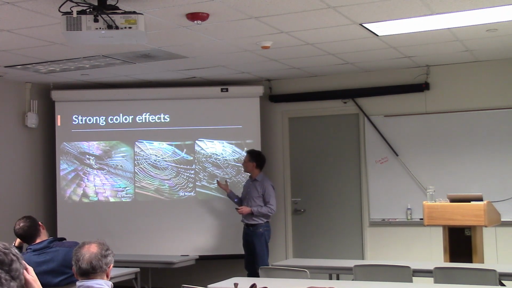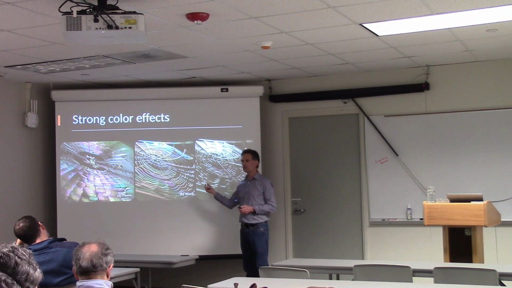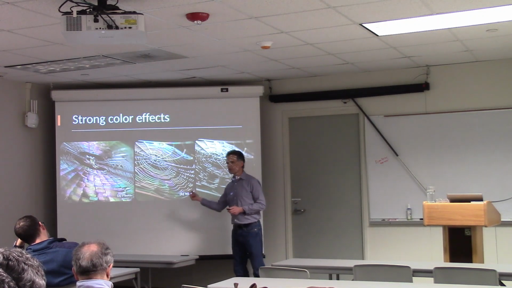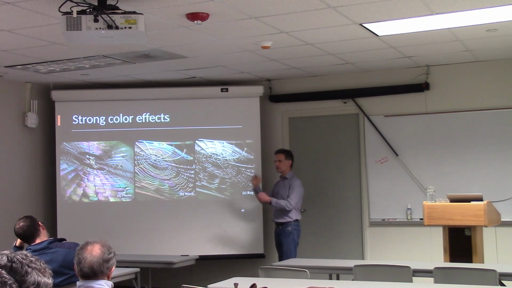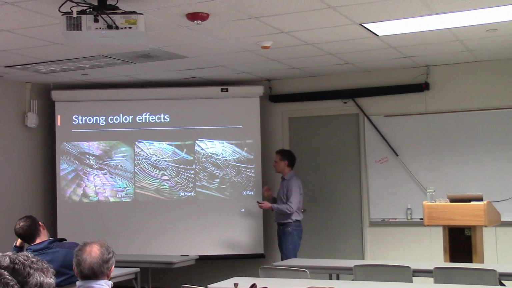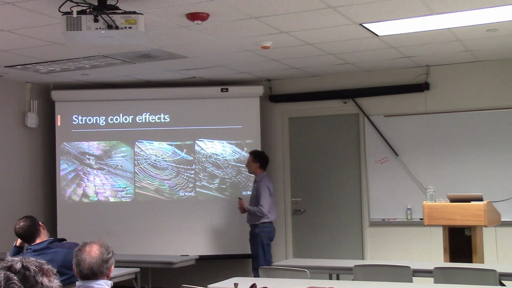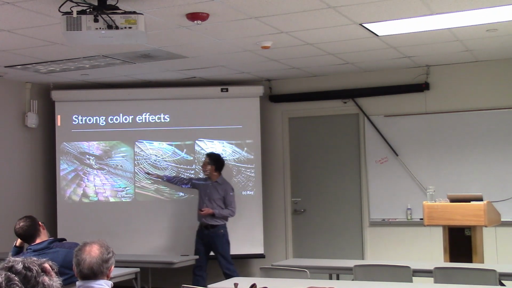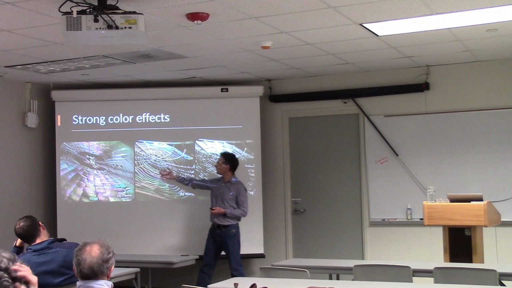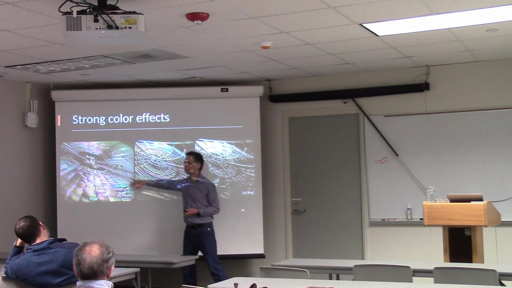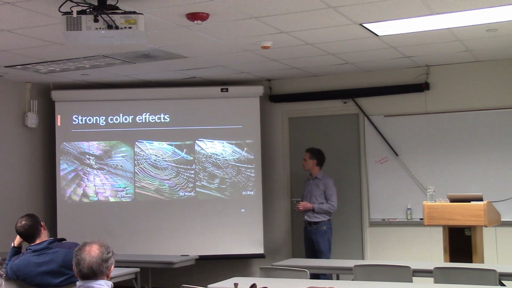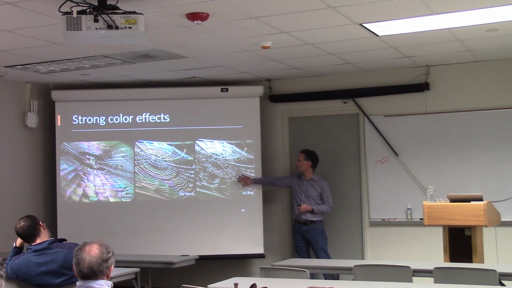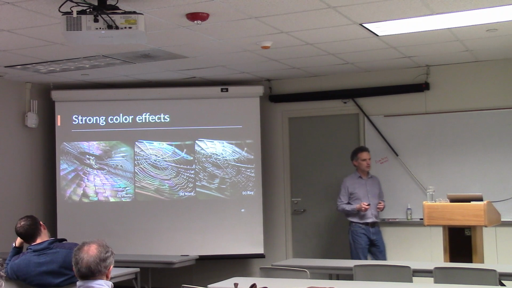One thing you can find is that if you render very thin fibers, so spider silk is an example of a very thin fiber, you get strong iridescent color that depends on the angle and can be predicted by this model. This is kind of a qualitative match to a particular photo. We don't know anything about the exact conditions of this spider web, but it illustrates that you can get a similar visual effect, where if you just use the ray model, you end up with something that looks quite different.